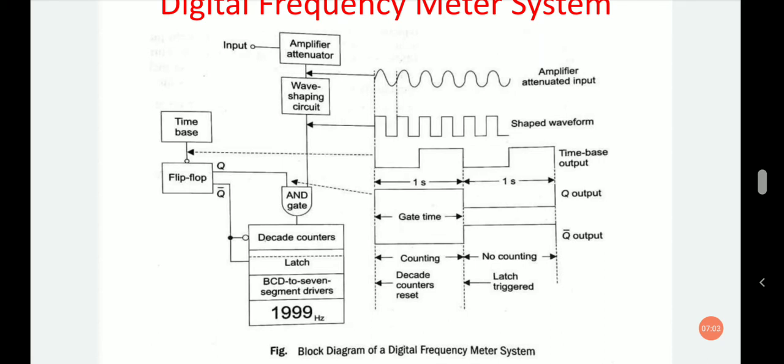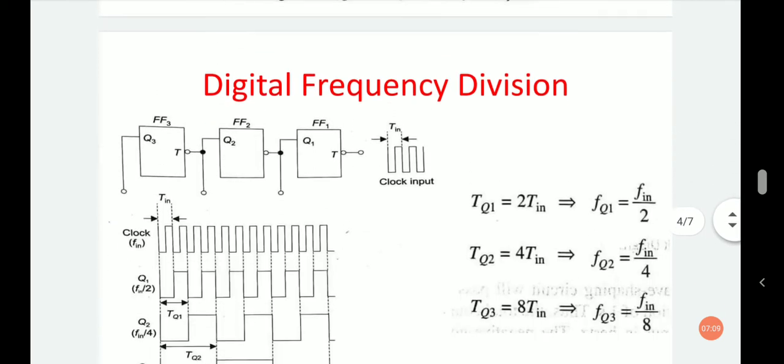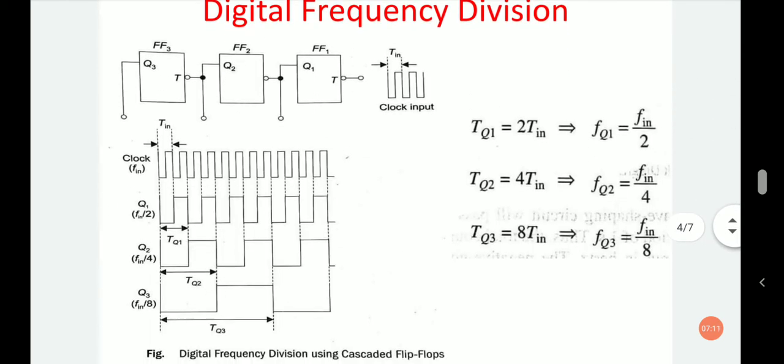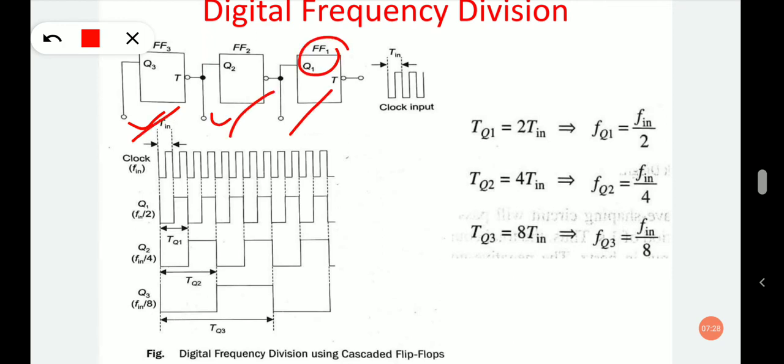When flip-flops are connected in cascade, they can be used for frequency division purpose. Here, digital frequency division using cascaded flip-flops. The figure shows 3 flip-flops, FF1, flip-flop 1, 2 and 3, connected in cascade.